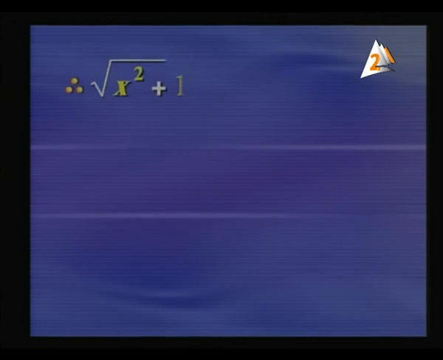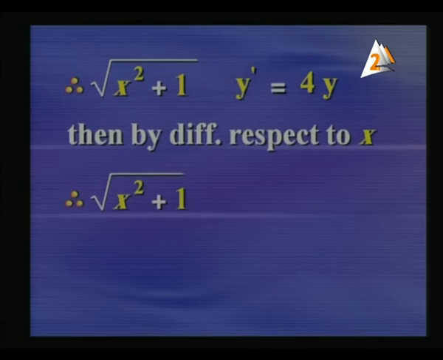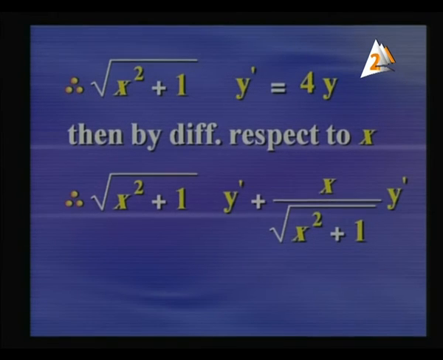Then square root of x squared plus 1 multiplied by y dash equals 4y. By differentiation with respect to x, therefore, square root of x squared plus 1 times y double dash plus x over square root of x squared plus 1 times y dash equals 4y dash.